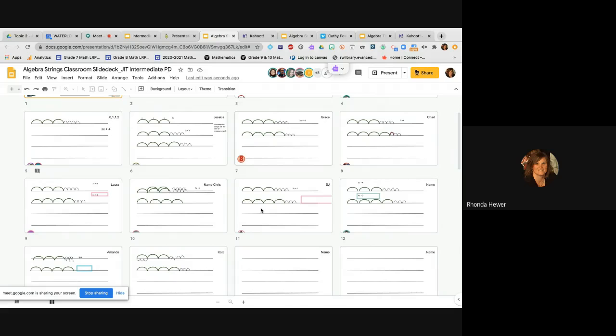Now I'm going to ask you, if one jump is worth 8 steps, how far in total did this frog jump? I'm going to repeat that. If one jump is worth 8 steps, how far in total did this frog jump? And I want you to try and show that to me on the number line that you're working with right now.